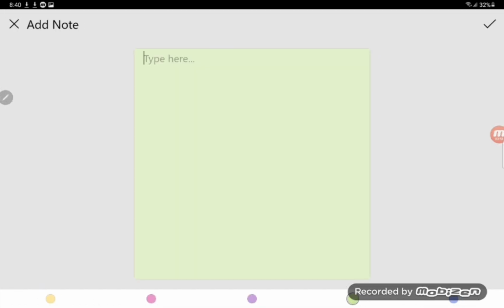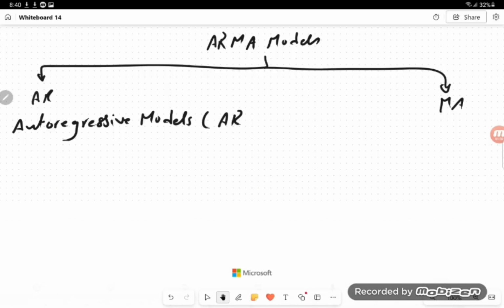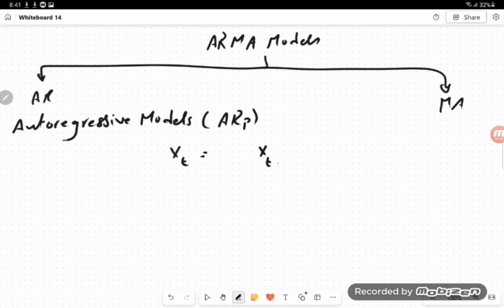AR models have order p. AR models are models where the dependent variable depends on its lag values. So say, for example, this is x at time t. It depends mainly on its lag values.